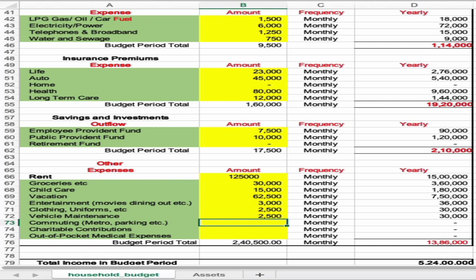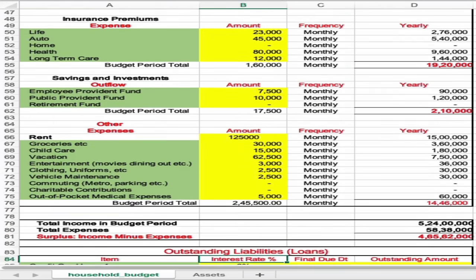Commuting, metro, parking and all, no. Charitable contributions right now, no. Out of pocket medical expenses. Now this is important because you may have to be paying for yourself, your spouse, your child and maybe your parents. So put in some figure, let's say 5,000 rupees a month.